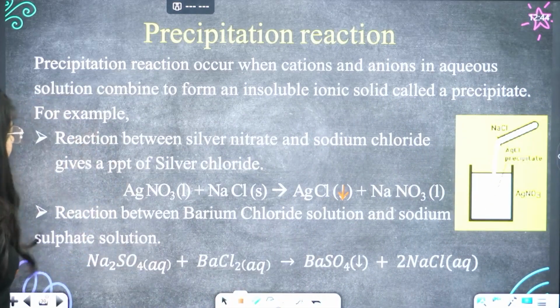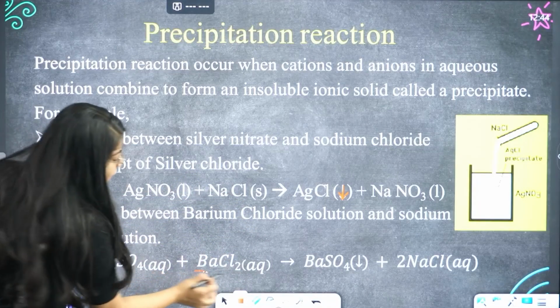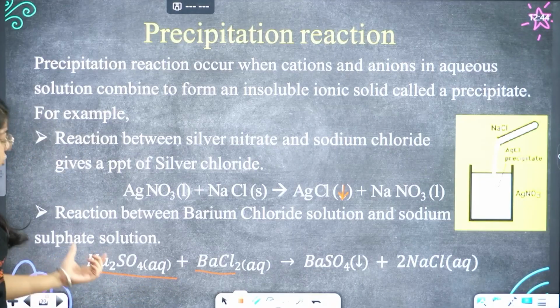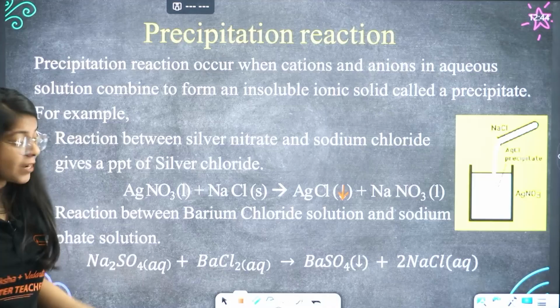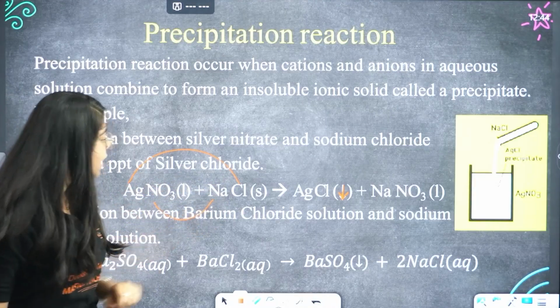Understood. Next, another example: the reaction between barium chloride and sodium sulfate solution. So Na2SO4 and BaCl2. This was also a double displacement reaction. Ag went with Cl, Na went with NO3.